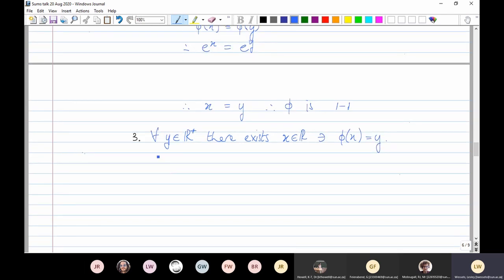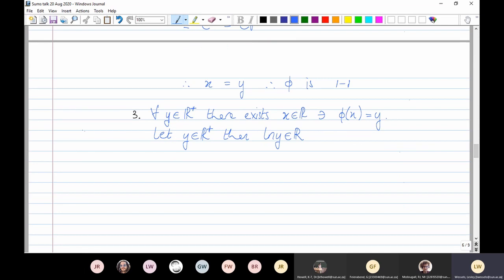Okay, so we'll start with y. Let y be a positive real number. Then you know that for a positive real number, we can take ln of y, and then ln of y will be in the real numbers, so it's negative and positive.